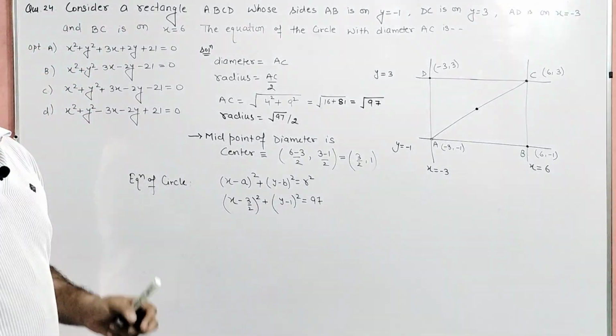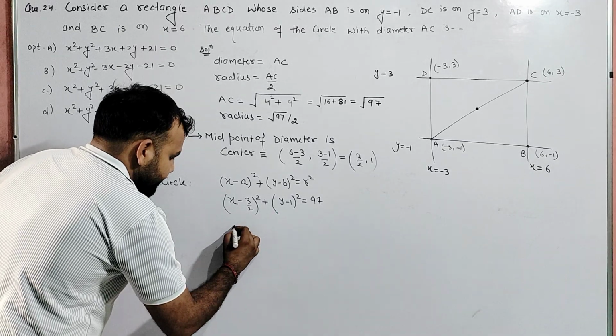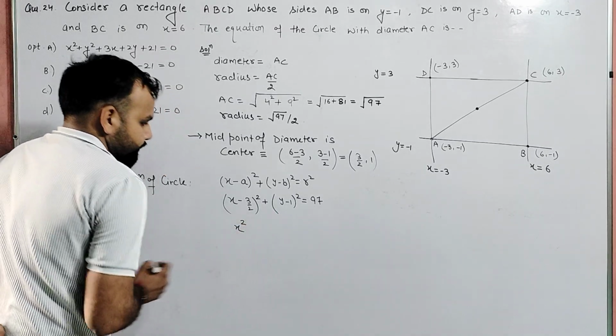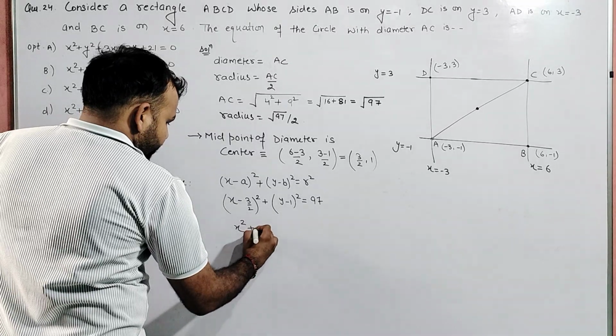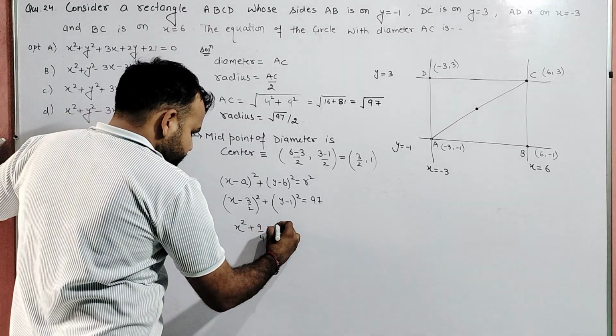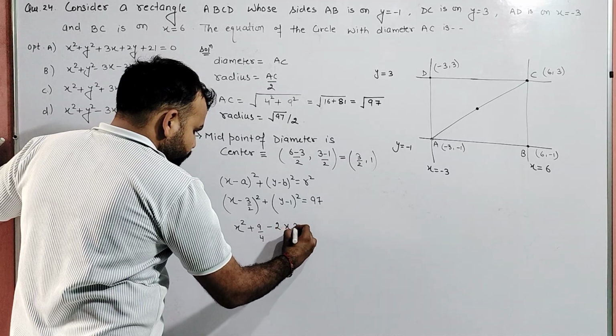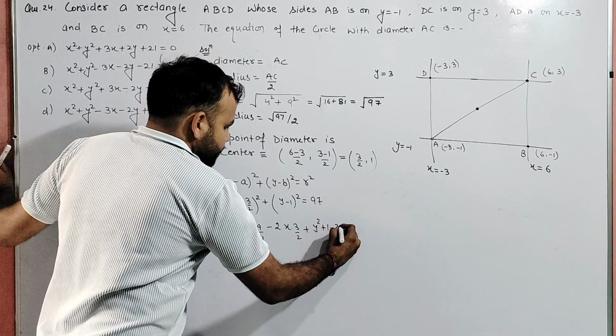So student, we can say that x square plus y square minus 3x plus 9 by 4 plus y square plus 1 minus 2y is equals to 97 by 4.